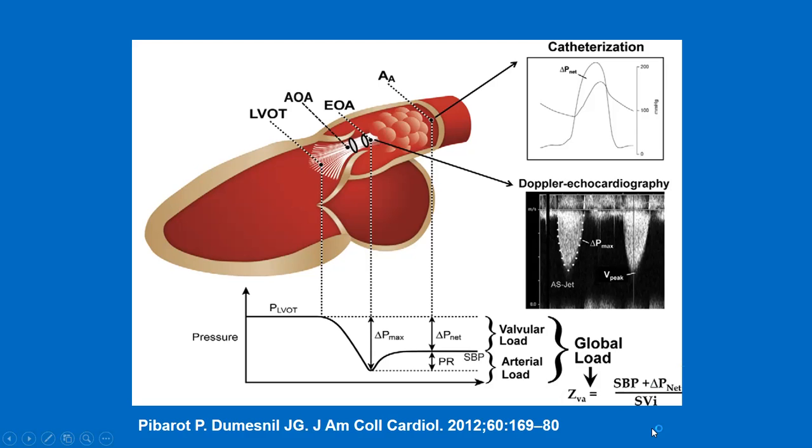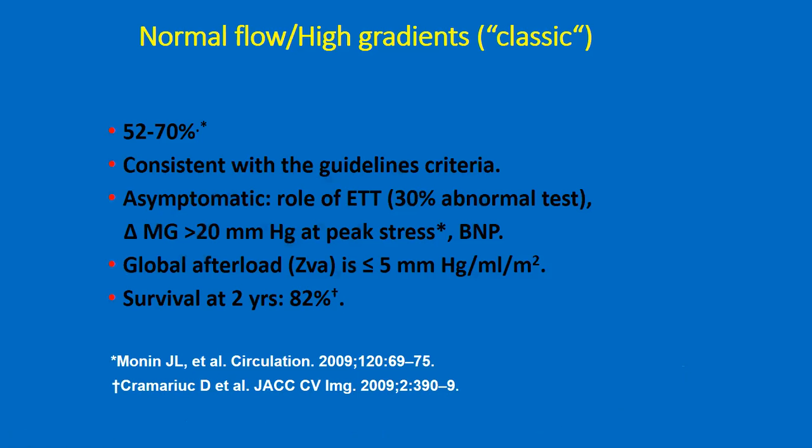A value equal to or in excess of 4.5 millimeter mercury per milliliter per meter square is considered to bring poor prognosis in patients with severe aortic stenosis. If you wish, it's the price in millimeter mercury of ejecting 1 milliliter of blood from the left ventricle during systole.